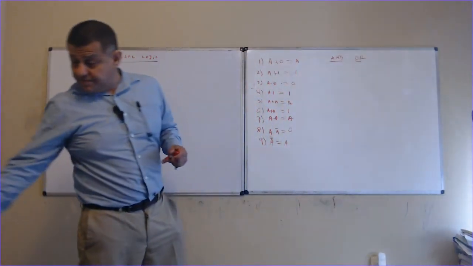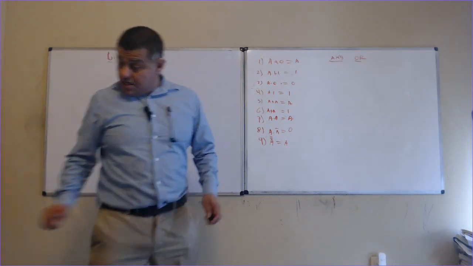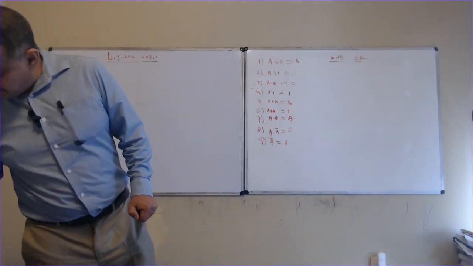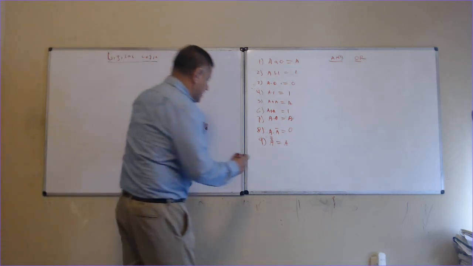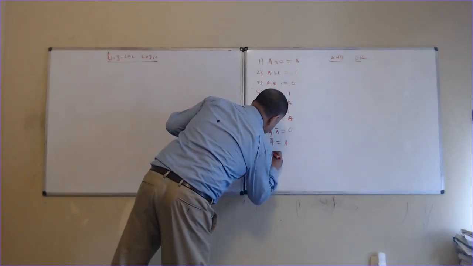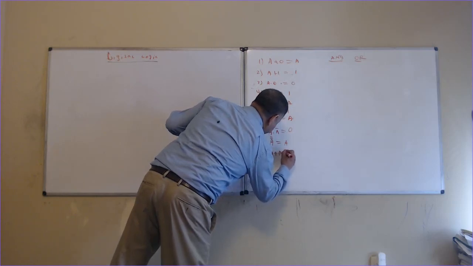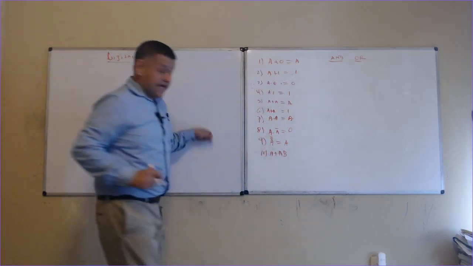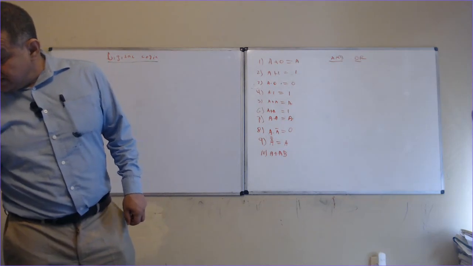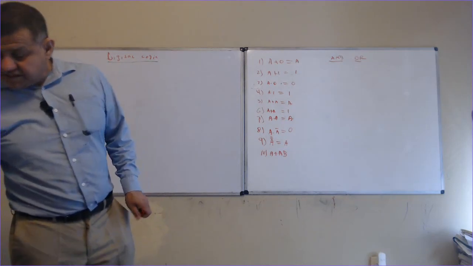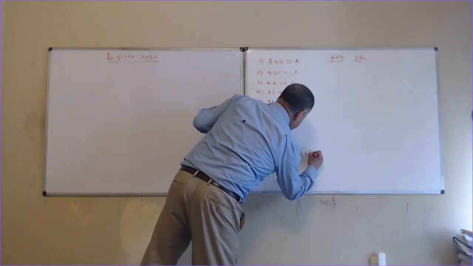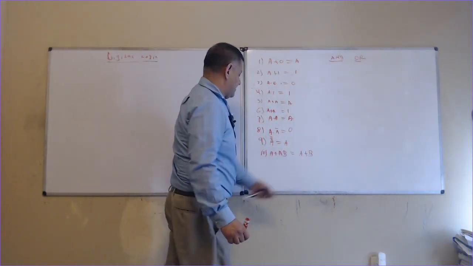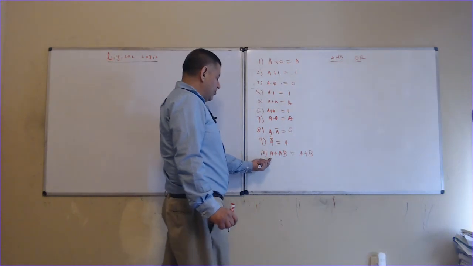That's how this is stated. Now number 10 says that A plus AB is equal to A, or A plus B or A. How do I get that?